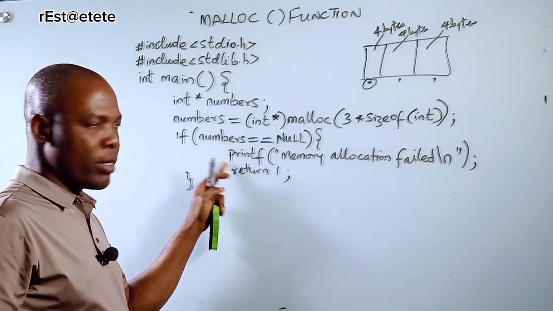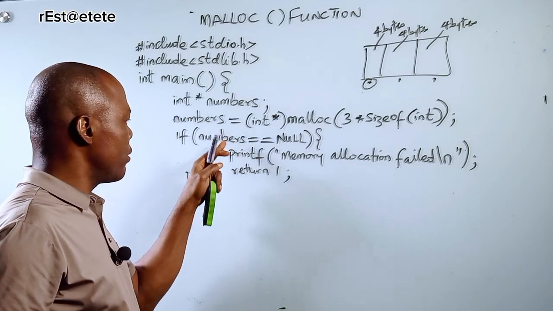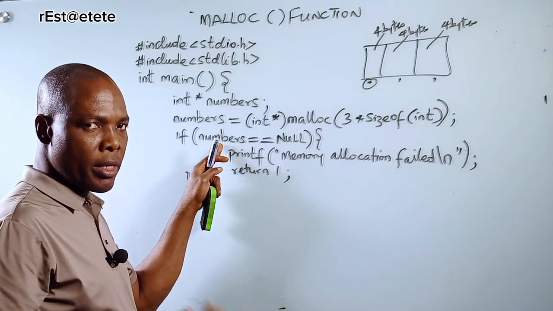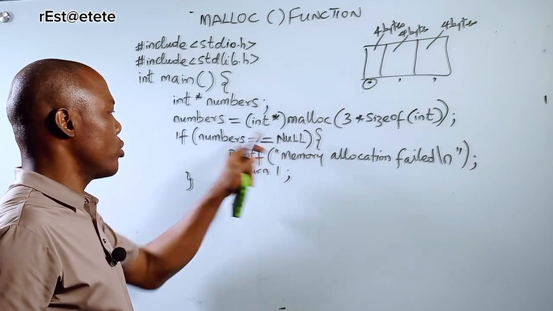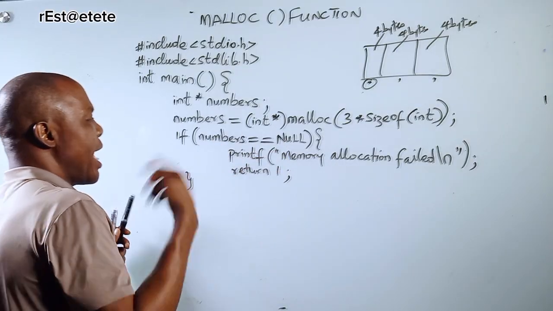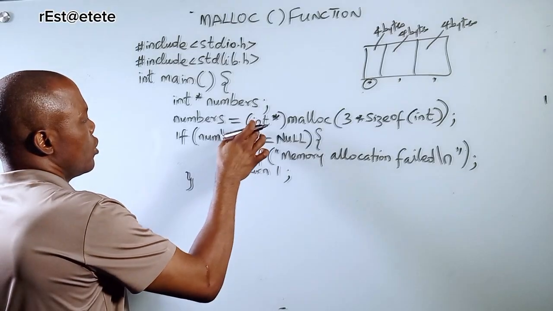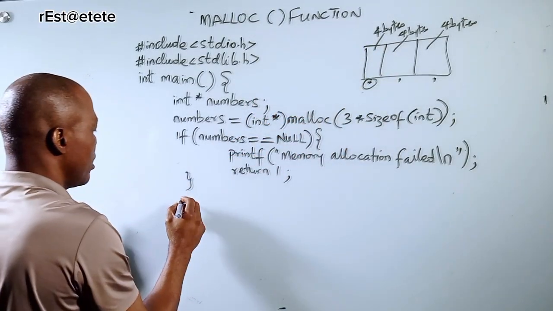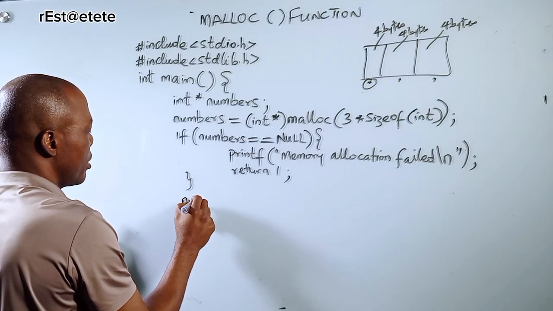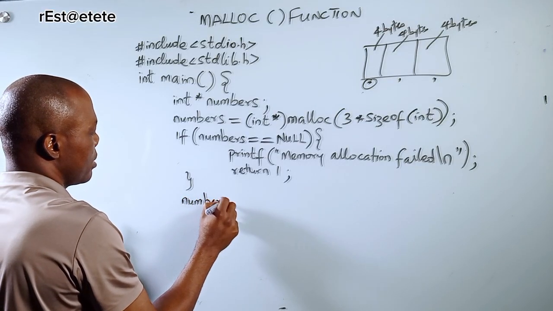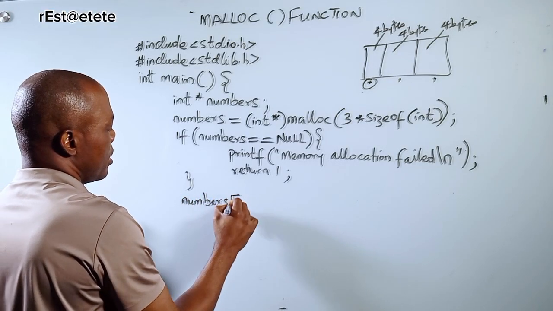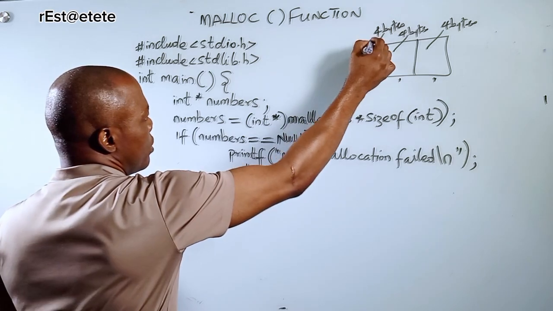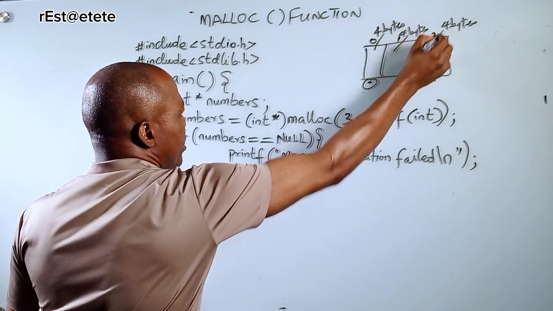Now, if memory was allocated, it will skip this place. So if numbers is not equal to null, it will skip this one. Then I can now assign values. Because this is like an array, I've been given an array of 3 integers. So I'll say numbers, right? The first one, which is what? Index 0, 1, and 2.